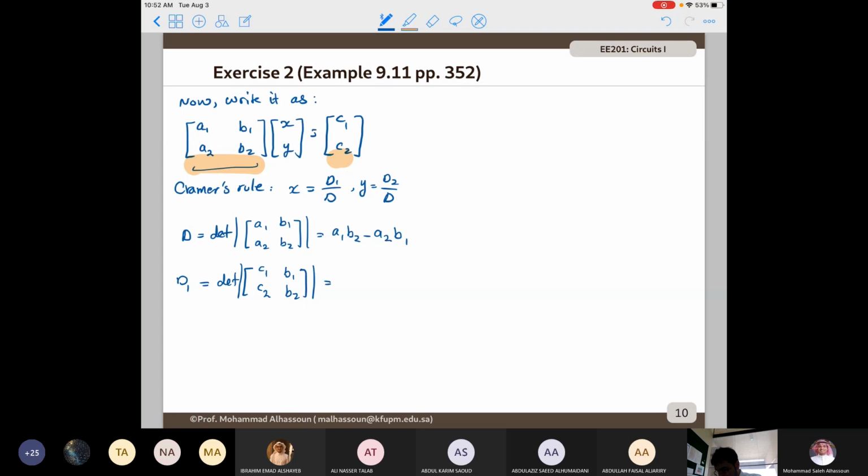And the determinant of this one is going to be C1 B2 minus B1 C2. D2 is going to be exactly the same, but now I'm going to replace the second column with the solution.